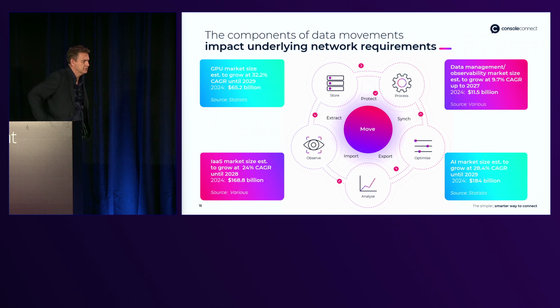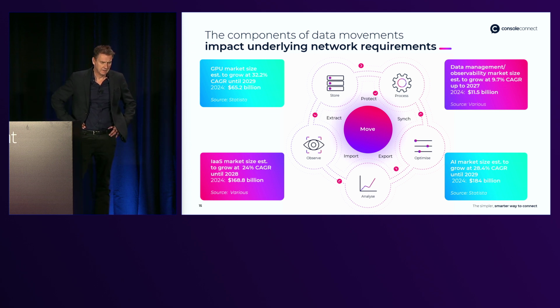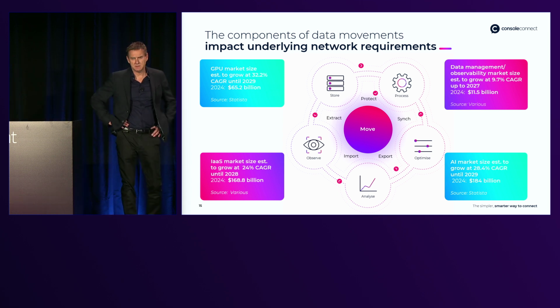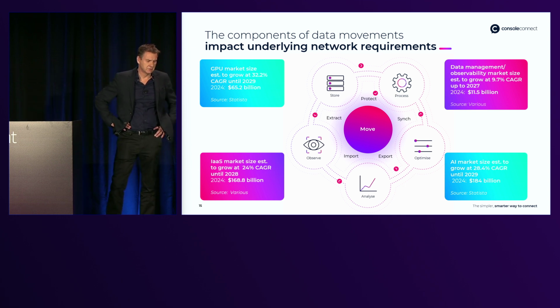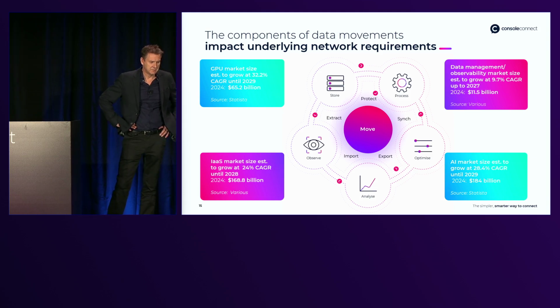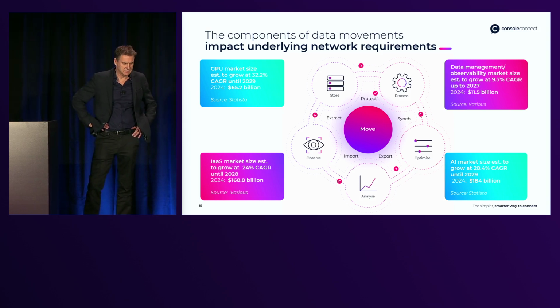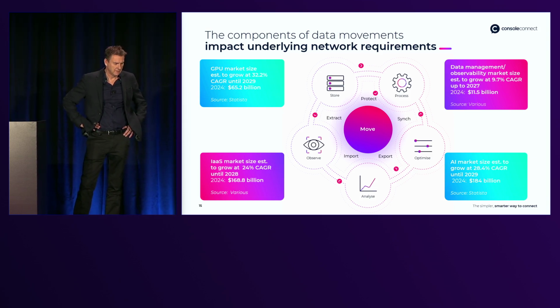So these components of data movement are having a huge impact on the underlying network in which we operate, and that's something that at Console Connect is really at the heart of what we do. You can see there some of the components of value around data movement of this data ecosystem: storage, process, optimize, analyze, observe, and look at the massive numbers that are associated with that market.